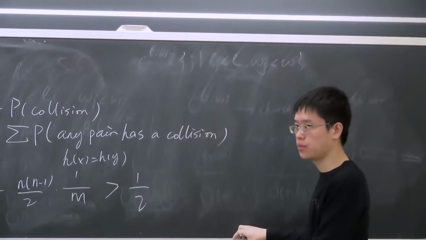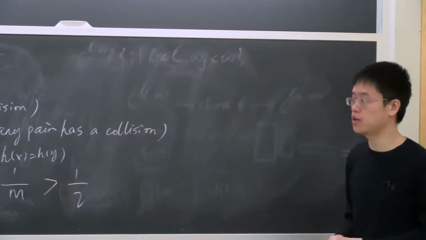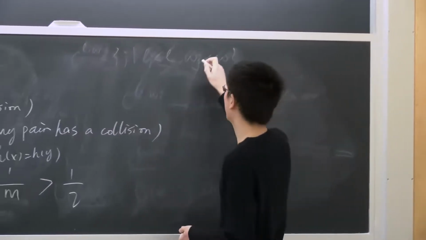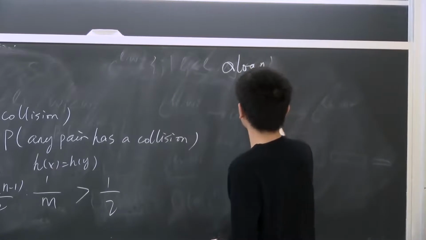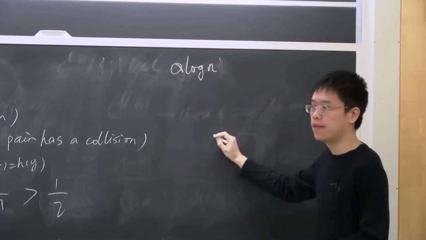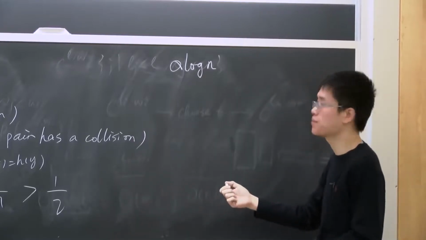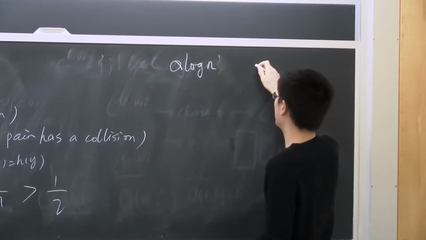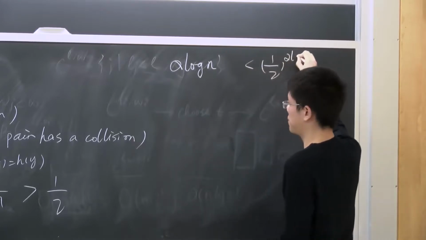So this is a randomized algorithm, and we can make it a Monte Carlo algorithm or a Las Vegas algorithm. I can either say, if I choose alpha log n times, then what's the chance that none of my choices satisfies perfect hashing? My failure probability is less than this.